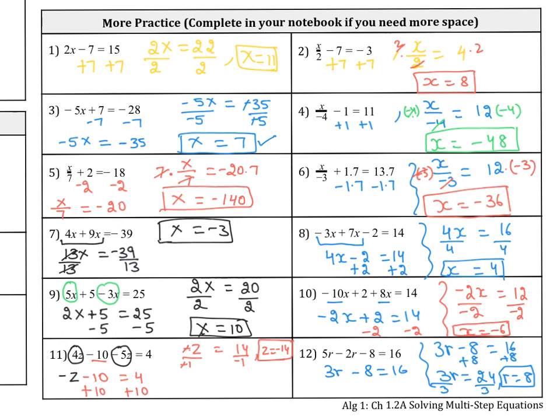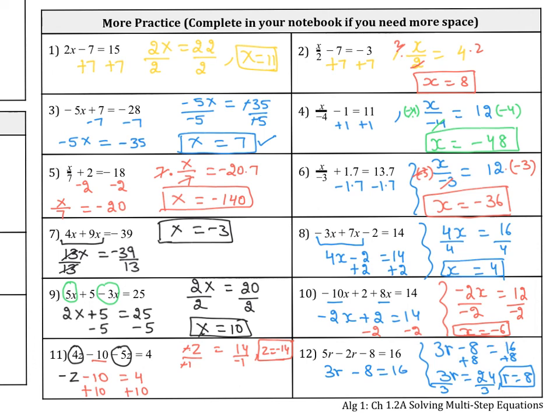For number 10, you're going to combine the like terms. So negative 10x plus 8x would be negative 2x plus 2 as it is, and then you're going to isolate this item. You're going to subtract 2 on both sides, and then you're going to divide with negative 2 to cancel the negative 2 and negative 2, and on the other side you get 12 divided by negative 2, and that's going to be negative 6.